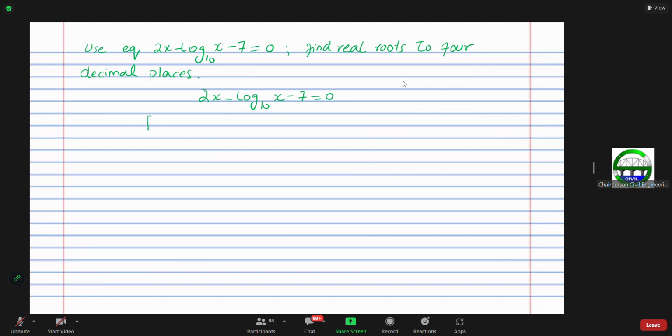Let's try with f of 1, f of 2, f of 3. Use your calculator and find these values.